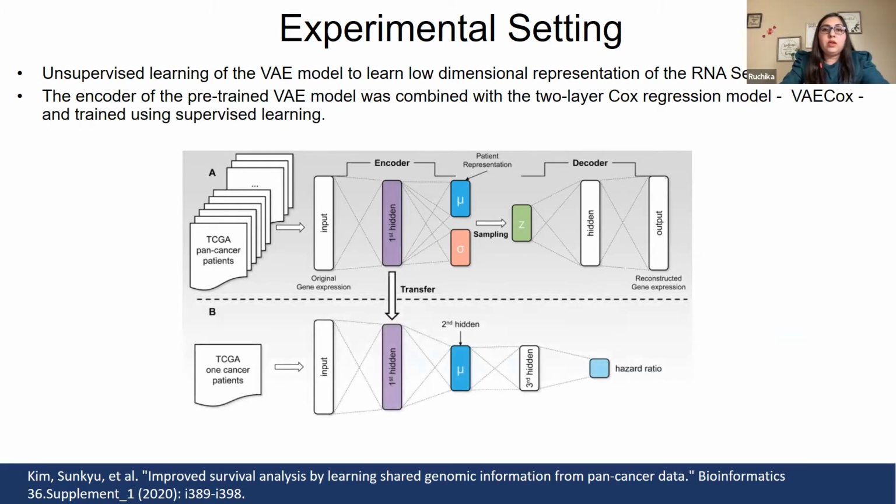After learning this low-dimensional representation in an unsupervised manner, we used this encoder. We transferred the weights which we learned, and we added 2 additional layers using a two-layer Cox regression model. And we fine-tuned this model using data from each cancer type.